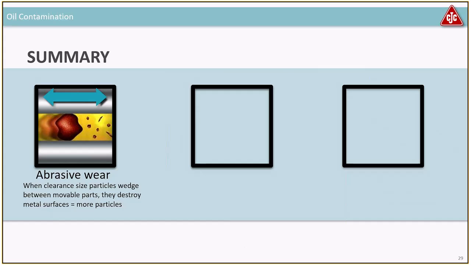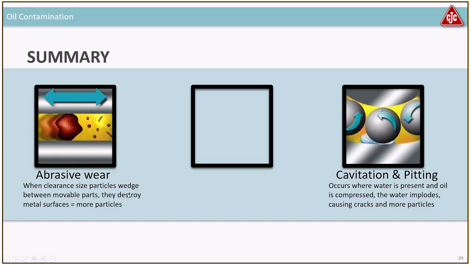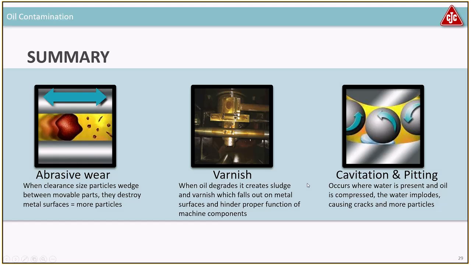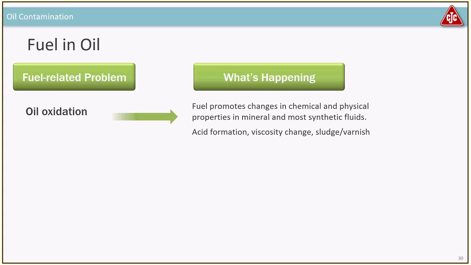So you have a really bad combination of three things in most systems. You have abrasive wear, so particles are destroying my surfaces. I have maybe some water that creates cavitation and pitting, and then I have varnish issues. These three things are big problems for most machines.